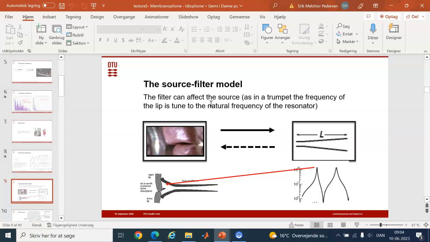See here: upper lips, lower lips, air in the mouth at pressure above atmospheric, and there is a mode here.